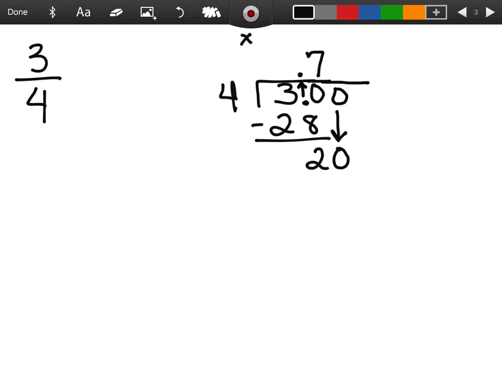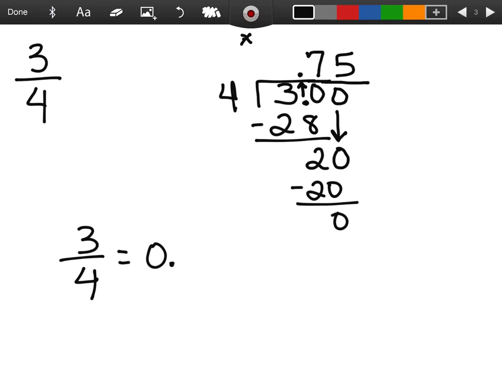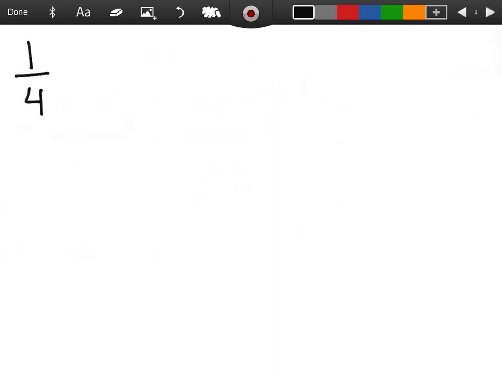I can do this one. 4 goes into 20 5 times because 5 times 4 is 20. And again, I have no remainder. So I know 3/4 is equal to 0. I forgot the 0 up there. Look at that. I forgot my placeholder. 0.75. Easy peasy.